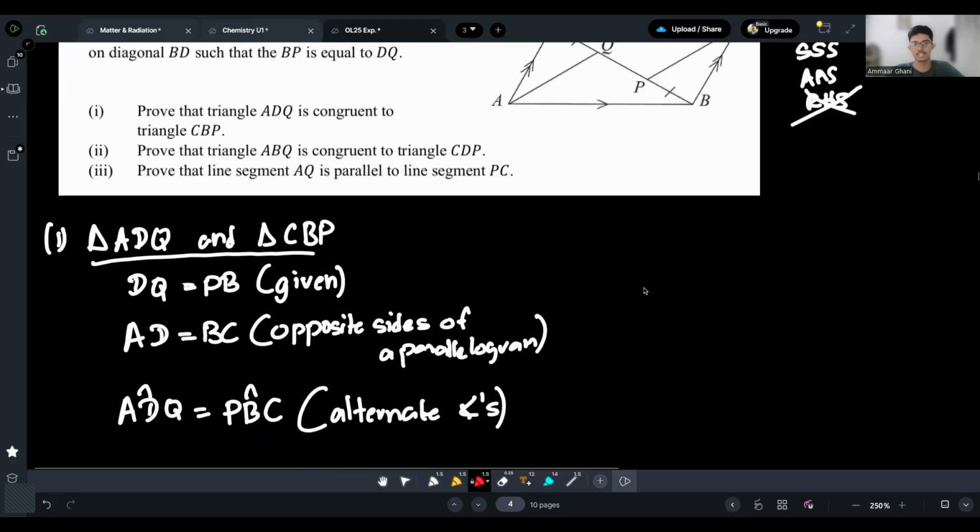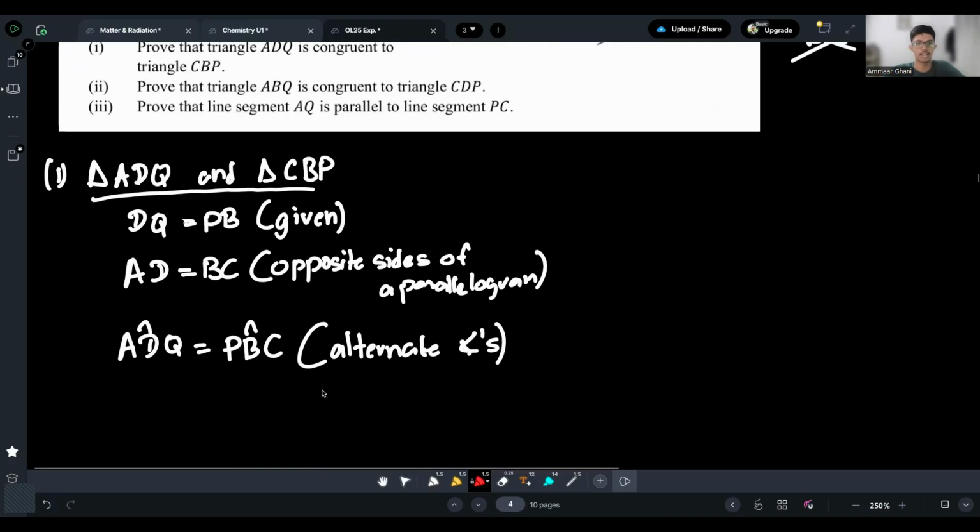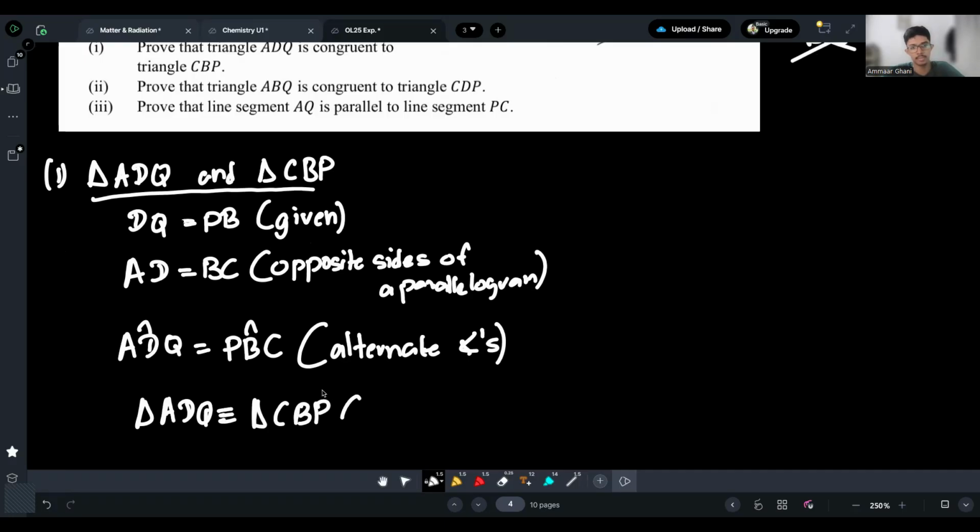Okay, it must be relevant. Okay, so this is alternate angles. So from this you can tell triangle ADQ is congruent to triangle CBP, SAS.